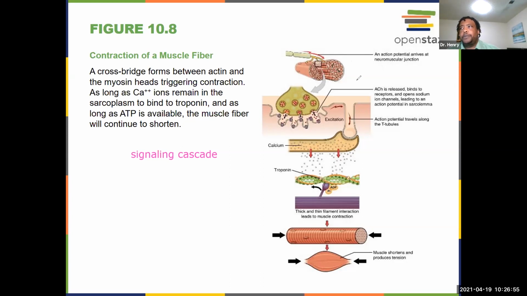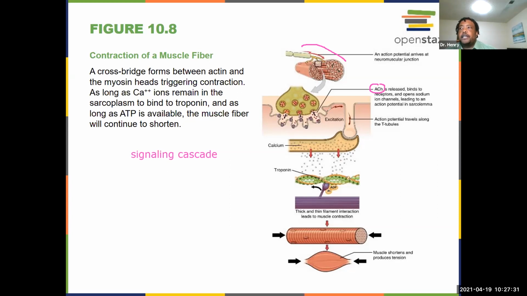So we have the action potential that's going to be delivered by the neuromuscular junction, and then we're going to have acetylcholine released. The acetylcholine is going to bind to the receptor. It's going to cause the sodium channel to open up.